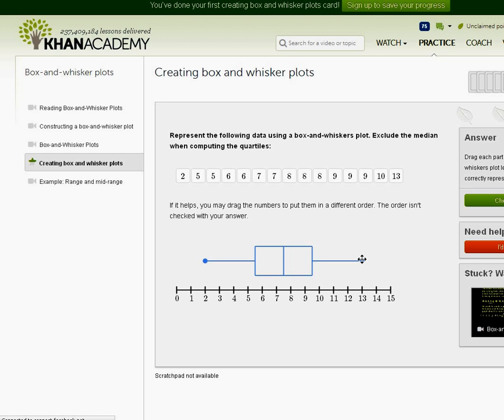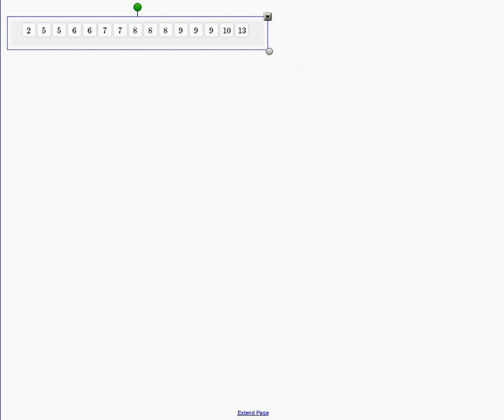So how many total numbers do we have? Okay, so 15. So how many should be on the left, how many should be on the right? Let's make this a little bit more writable.